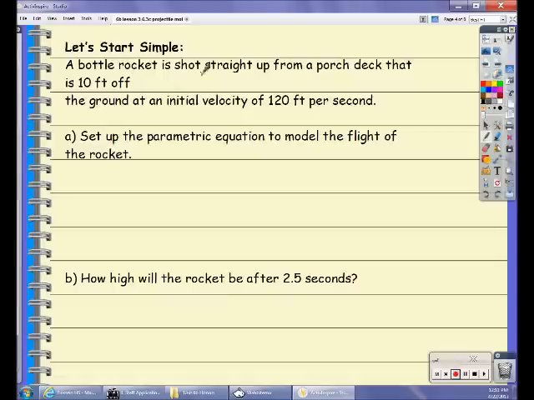A bottle rocket is shot straight up from a porch deck that is 10 feet off the ground at an initial velocity of 120 feet per second. We're supposed to set up the parametric equation to model the flight of the rocket. Well, x, our horizontal motion, isn't going to change. You'll notice in the reading from the book that they sometimes will say x equals t.